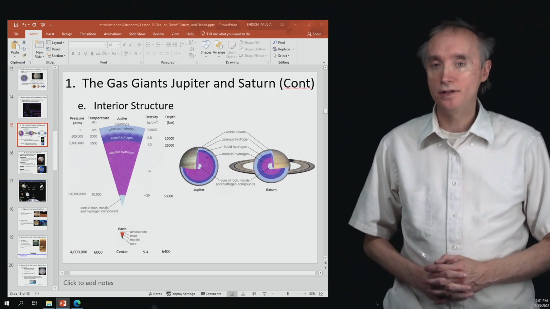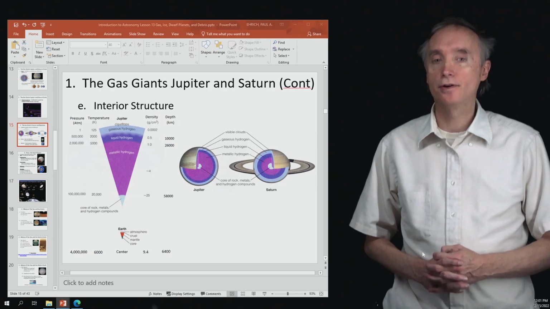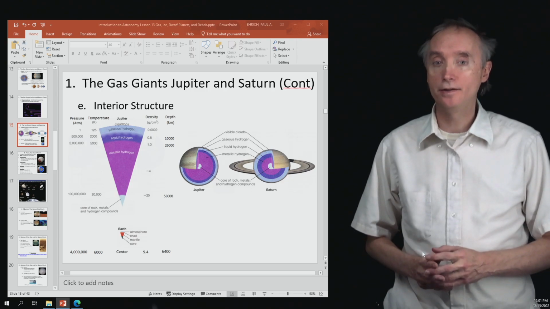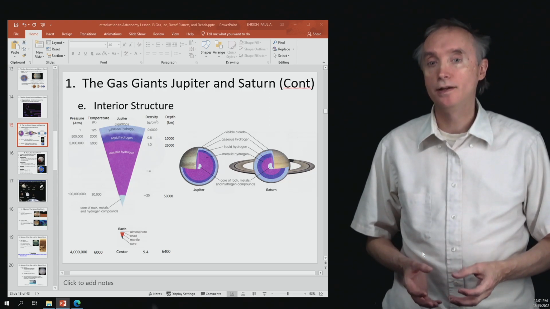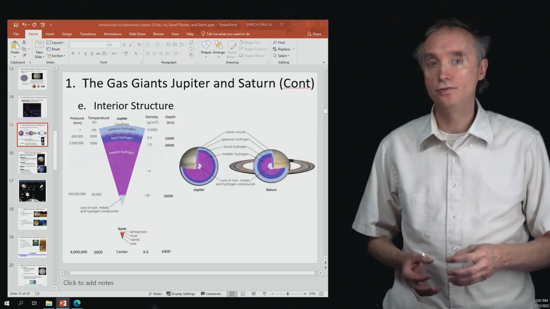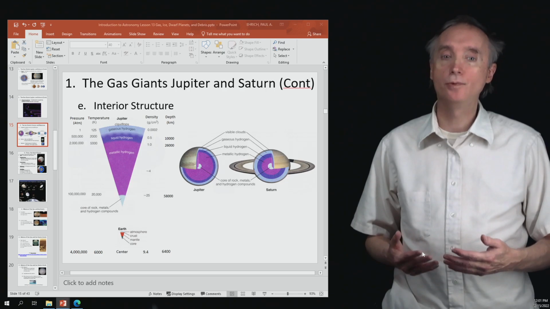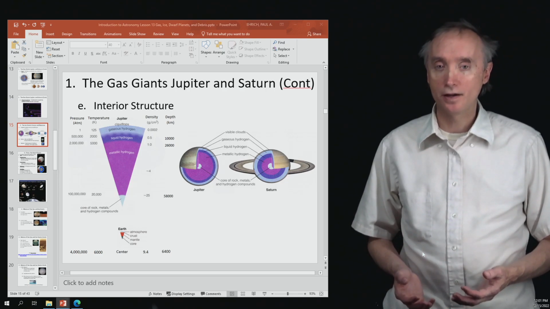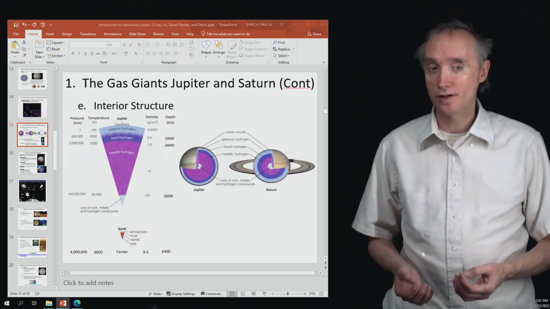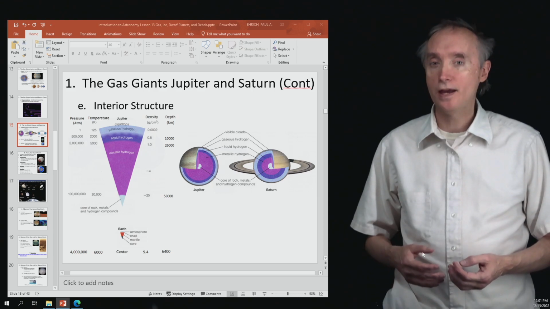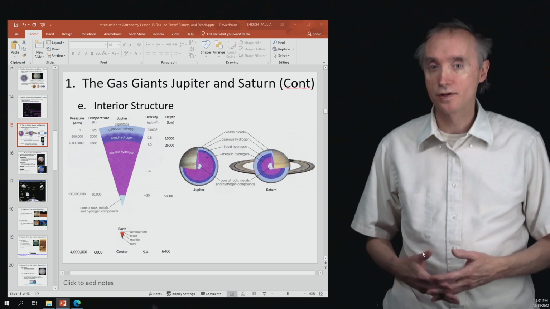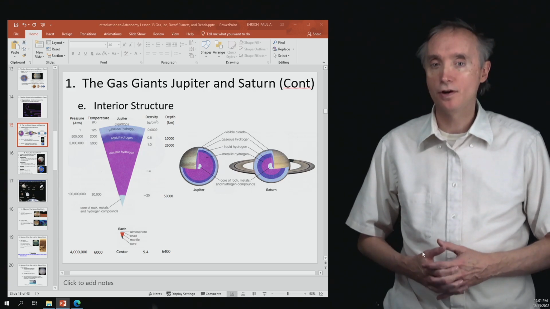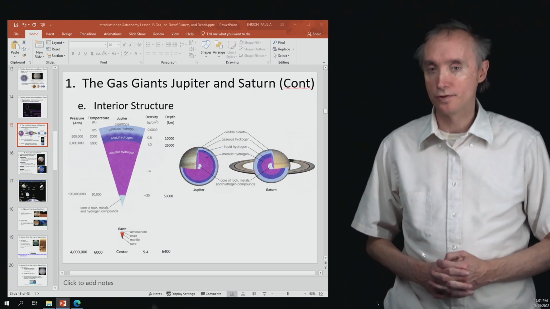Then if you go even deeper, you'll find that there is a solid planet in the middle of Jupiter. We don't know exactly what it's composed of because of the extreme pressures and temperatures. We can't duplicate those kinds of materials here on Earth, so we really don't know what the center of Jupiter is composed of.